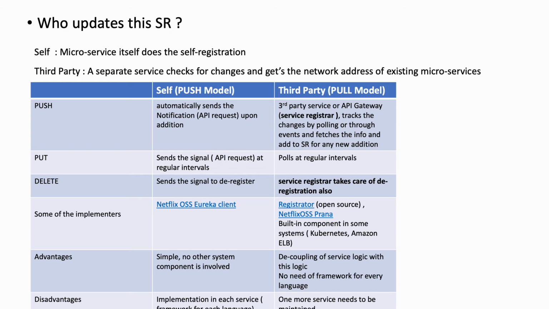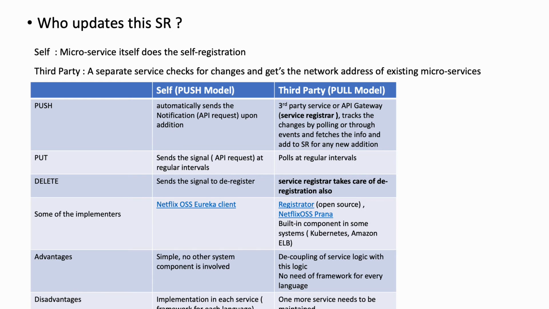So whenever it finds there is a new addition or new service, then it is going to send a push signal to the service registry, and it polls at regular intervals the existing microservices. It checks all the microservices and their network addresses, and it sends the put signal if there is any change.